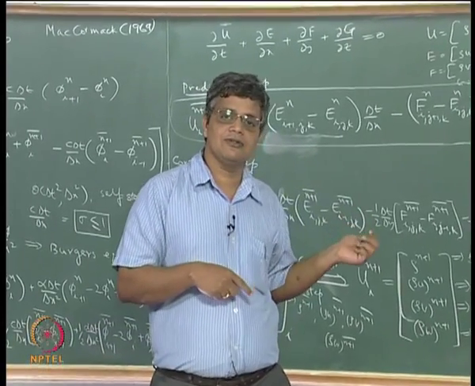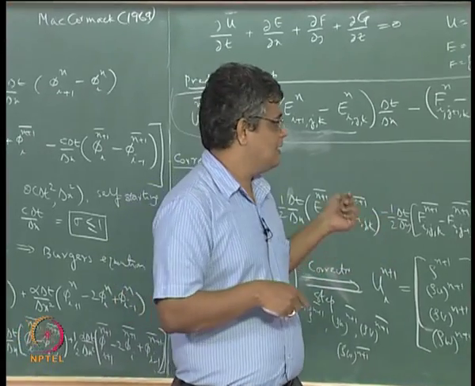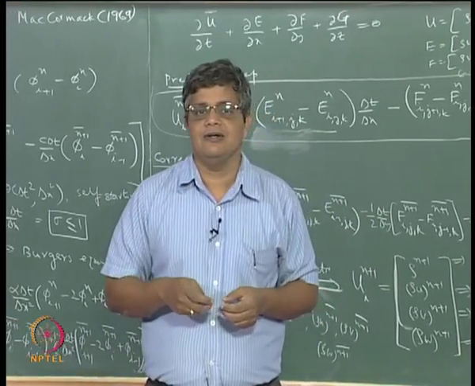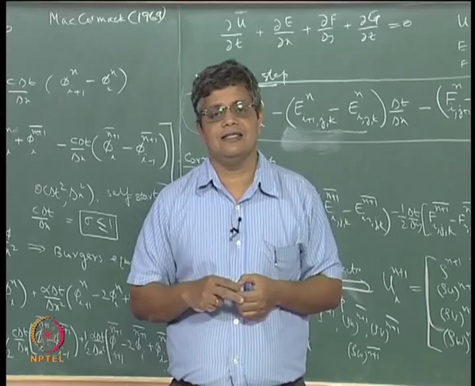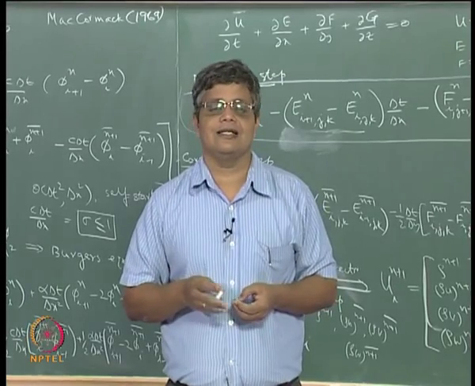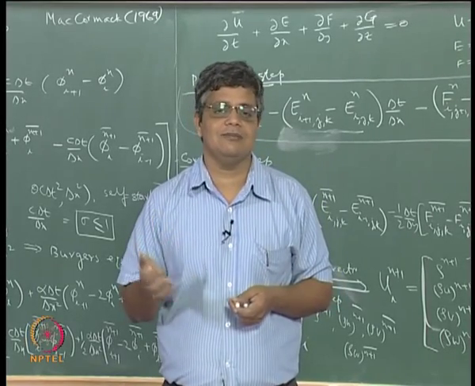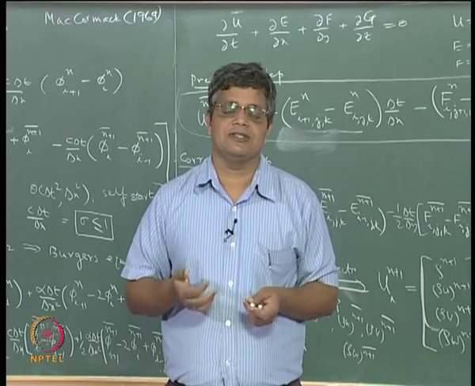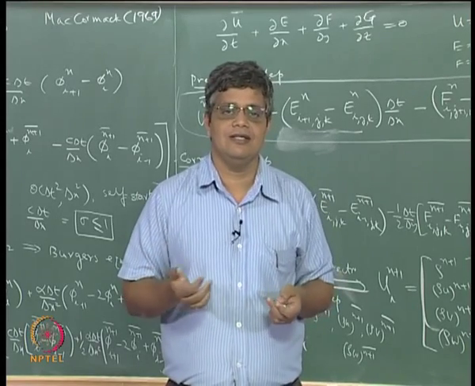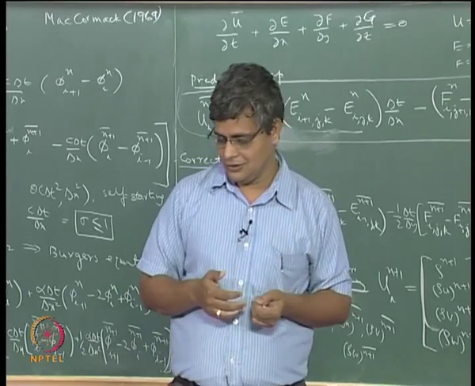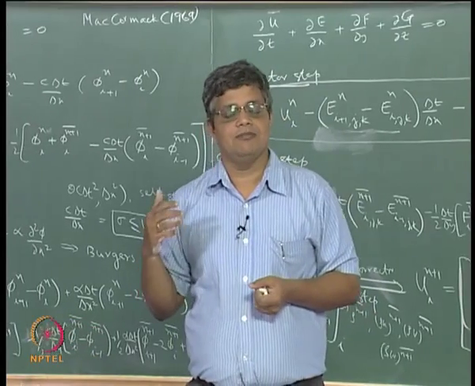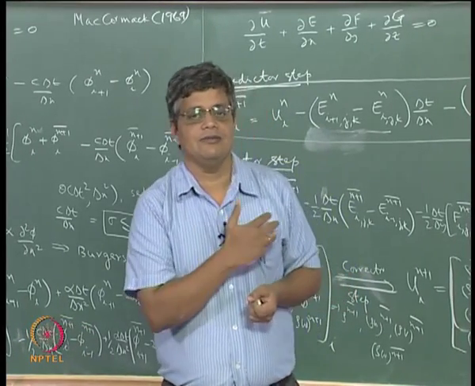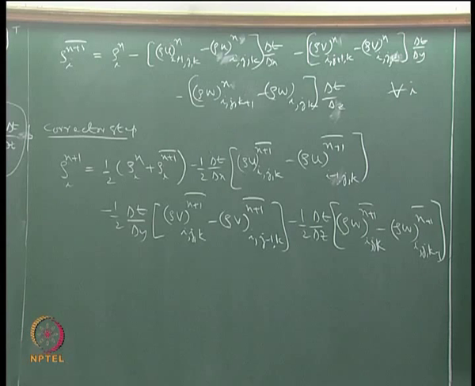Now we are going to 3 dimensions and we have to get an overall stability criterion, which is not possible in the general case. So there are some numerical experiments and approximate analysis done, which give an idea of the possible time step that we can have for the combined solution of all these equations using the MacCormack method.